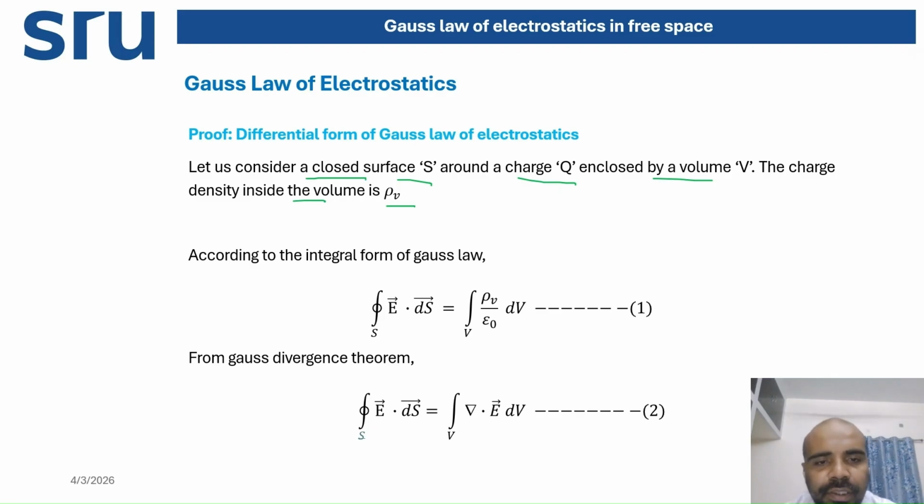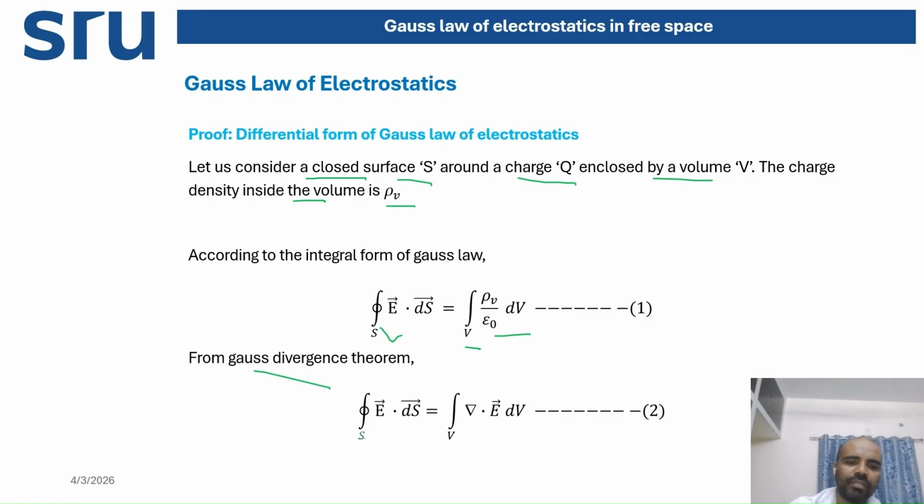So we can express q in terms of the charge density rho v: q is equal to the volume integral of rho dV. So the surface integral of E dot dS is equal to the volume integral of rho dV divided by epsilon naught. The epsilon naught is the permittivity of free space.